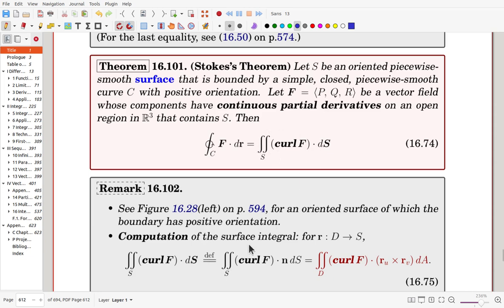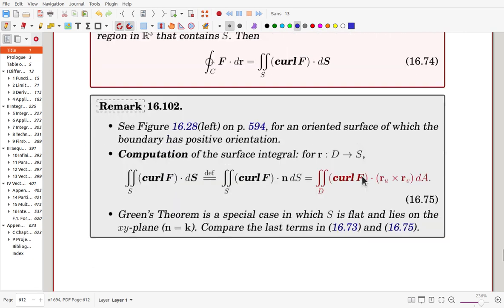So in definition, for this surface integral of vector fields, we are considering only the normal component. And now by using a known identity for the normal vector and dS, we can reach this formula. So we'll use that formula for evaluations.